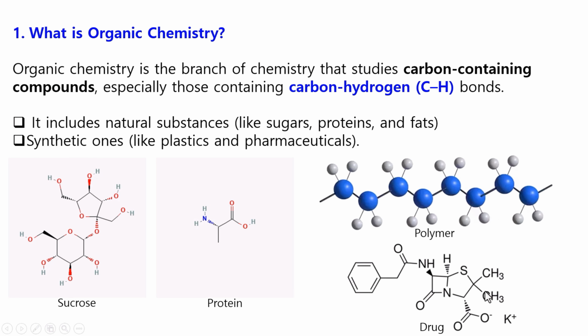This is the penicillin G drug molecule. And the naturally occurring substance is sucrose. Sugar means sucrose and protein means this amino acid. This is the protein molecule, and fats. So these are the two kinds of organic molecules, synthetic ones and naturally occurring substances.